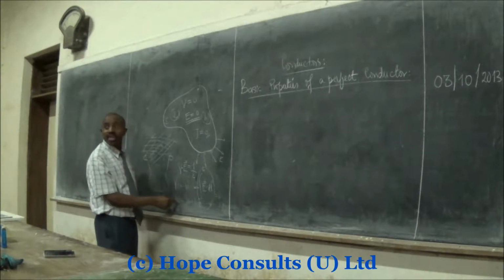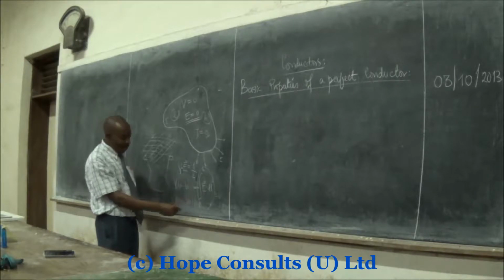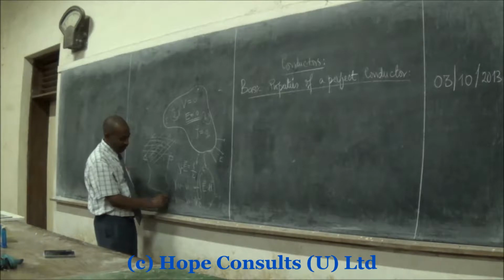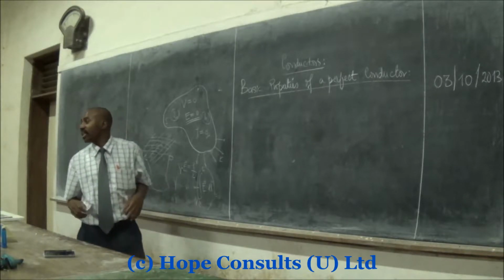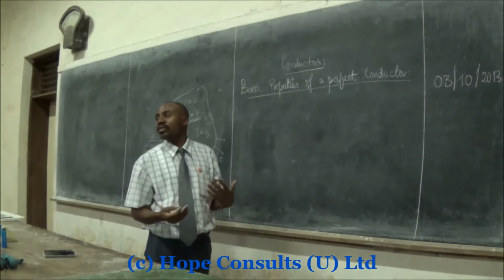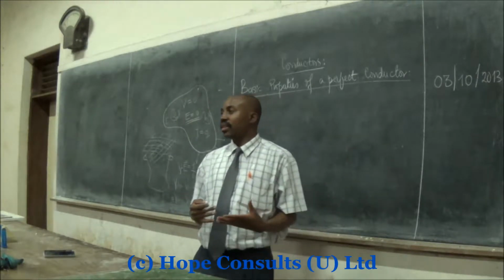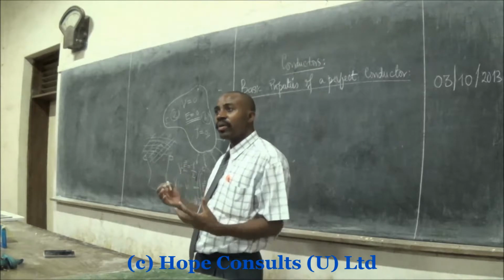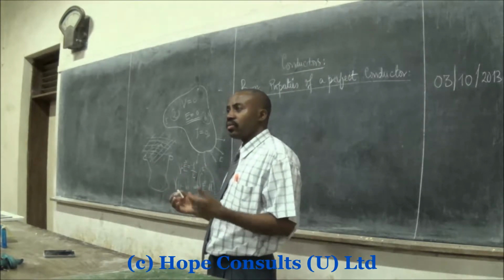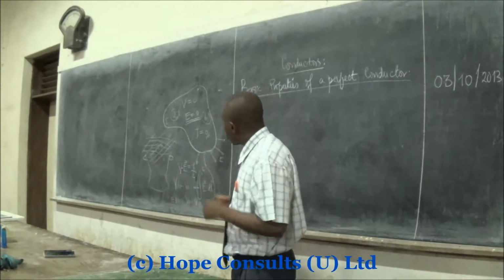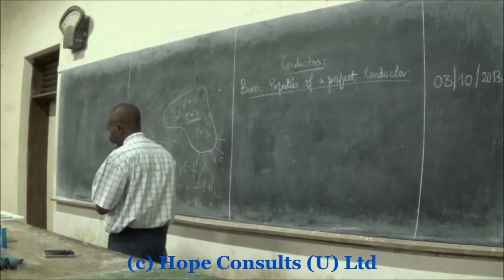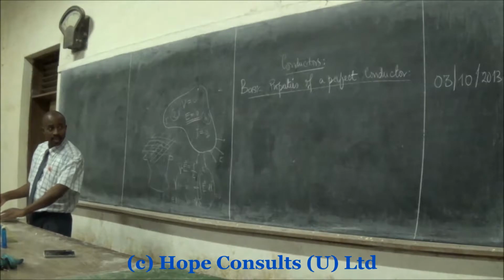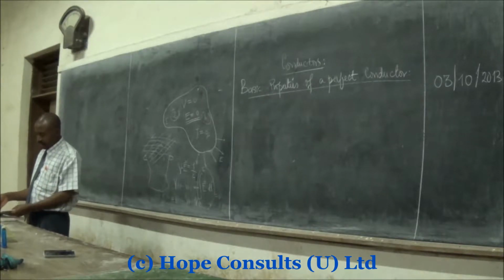And if VB is equal to VA, our potential difference would be 0, because we are saying in actual sense that the potential is constant. And if it is constant, then the potential difference between any two points is equal to 0. So those are the properties of a perfect conductor, which I thought I would first make you understand.